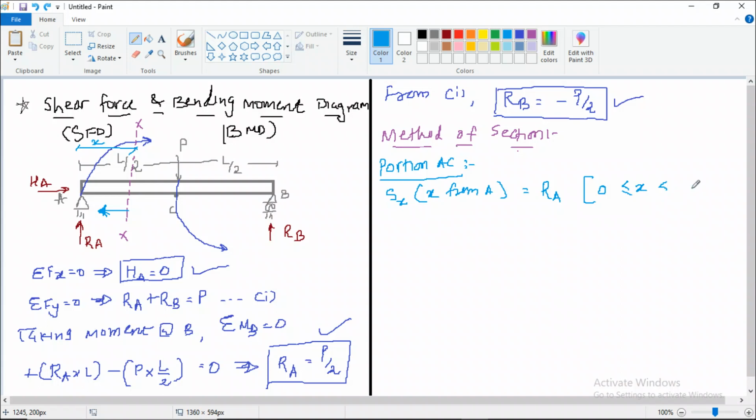So between 0 to L by 2, this shear force will be equal to Ra, and we know the value of Ra, it is P by 2. So it is clear that Sx is considered between support A and just to the left hand side of C. For portion AC we considered just the left hand side of point C. Then we consider portion CB.